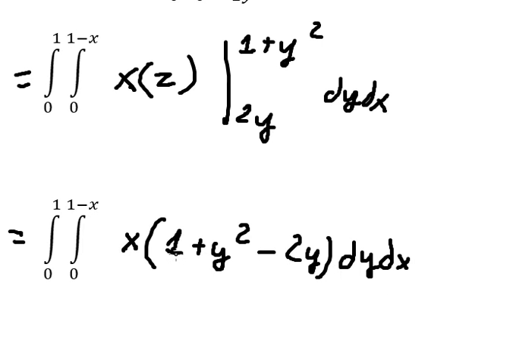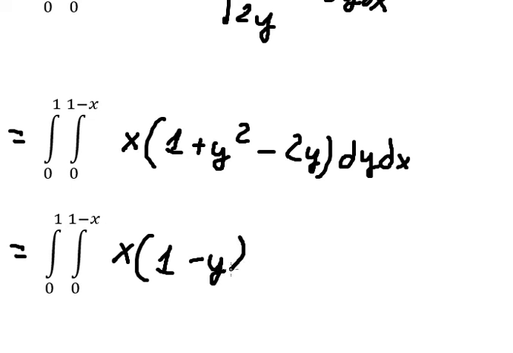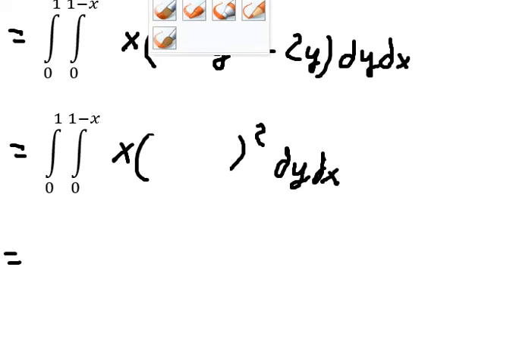So we know that 1 plus y squared minus 2y, that is about identities. So the integration of this one we have, in this situation I will put like this, y minus 1.